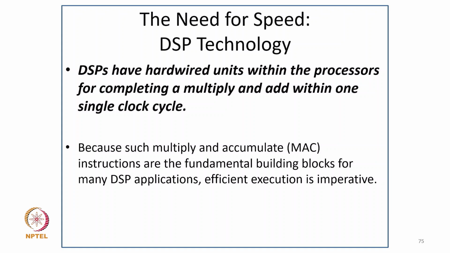So DSPs have a hardware unit within the processor for completing the multiply and add within a single clock cycle, and because such multiply and accumulate (MAC) instructions are the fundamental building blocks for many DSP applications, efficient execution is imperative.